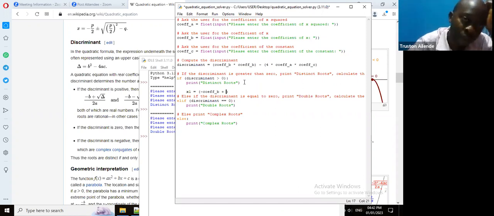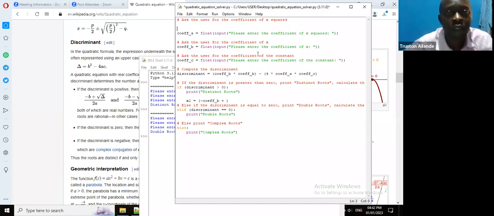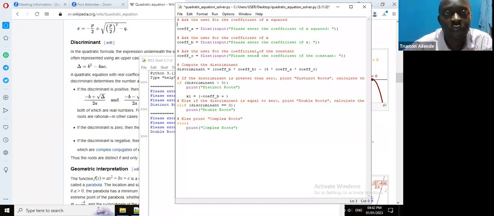There are many ways to do the square root, but we've seen the math module, so let's use it. Easy.